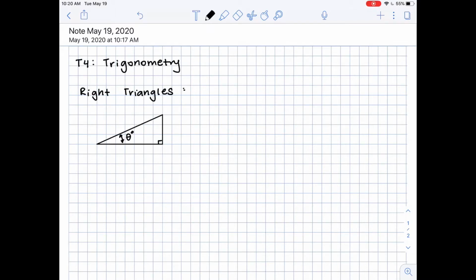Now, from this angle, there's three sides we're going to look at. The longest side is called the hypotenuse. The side next to that angle is called the adjacent side.